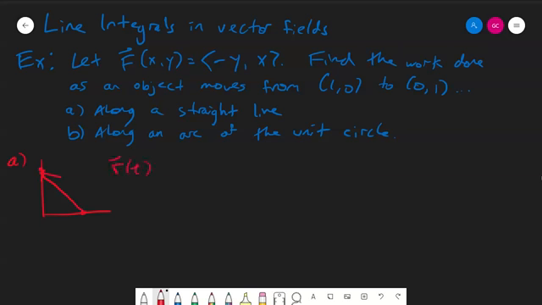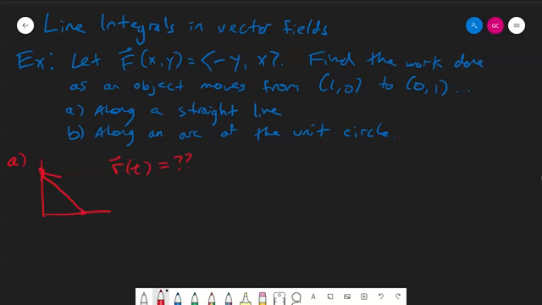So we're given a description of the path, but not a parameterization for it. And we need that in order to find the line integral. Well, remember a few sections ago we talked about parameterizing some common paths. And a line segment from one point to another is one such path.